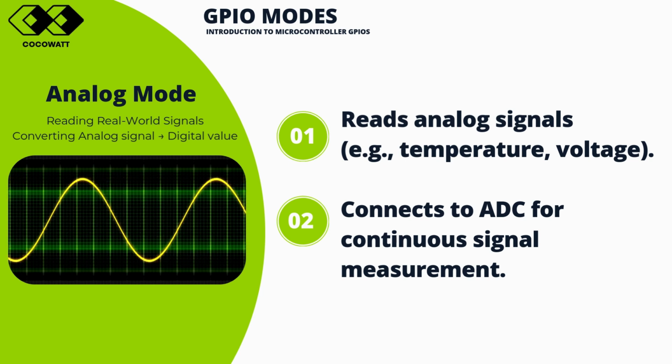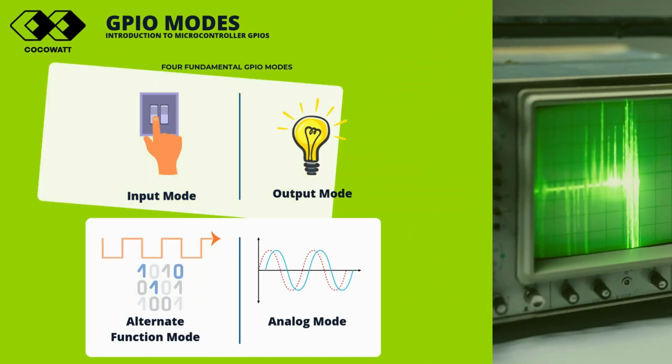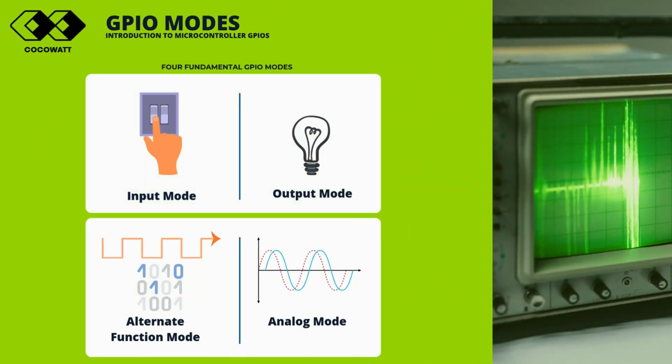So now you can understand the four fundamental GPIO modes: input, output, alternative functions, and analog mode. In the next section, we will explore advanced GPIO features like pull-up and pull-down registers, open drain configuration, and best practices for designing reliable circuits.